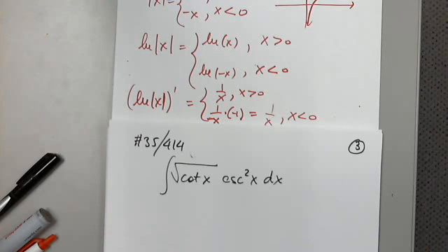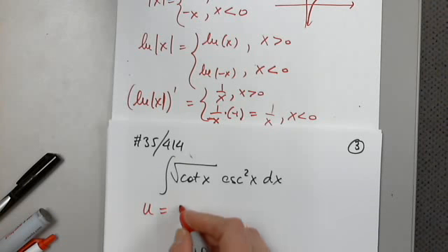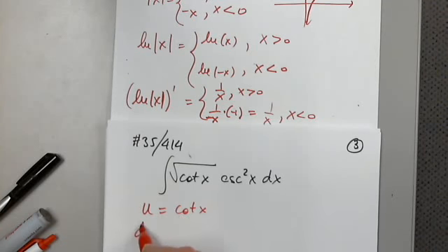These both are function compositions, right? Cosecant squared, and this one is even uglier, the square root of cotangent. So let's think of a substitution. Cotangent x. Very good, and let's see if it works.